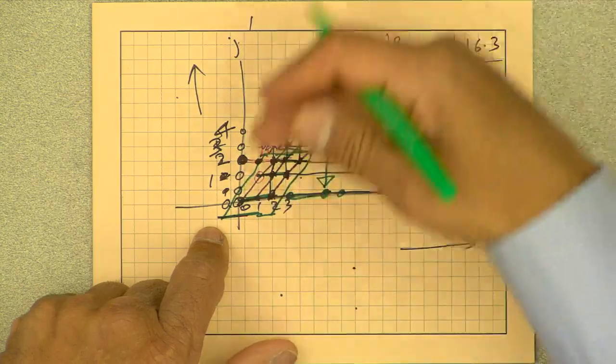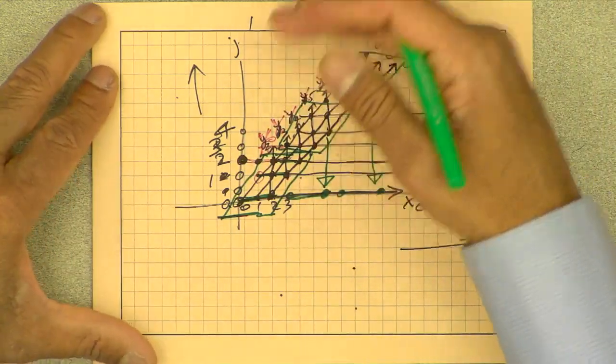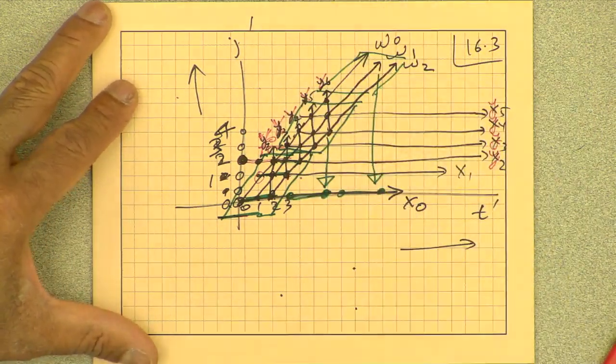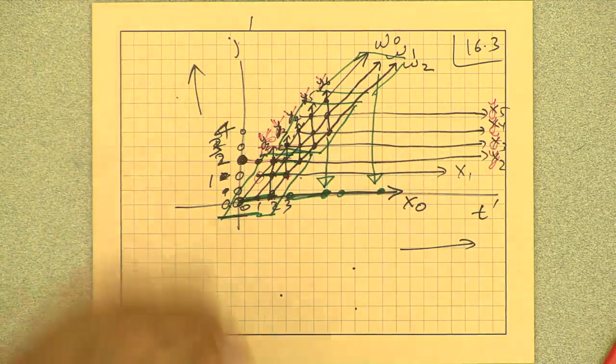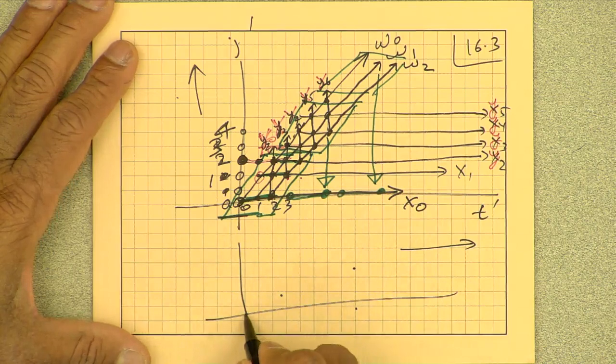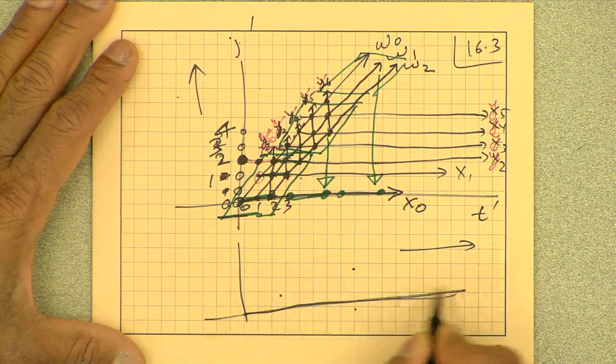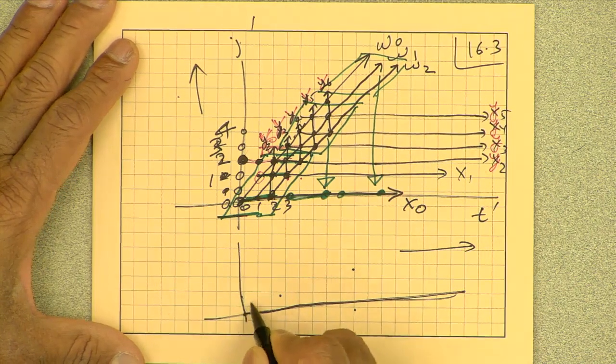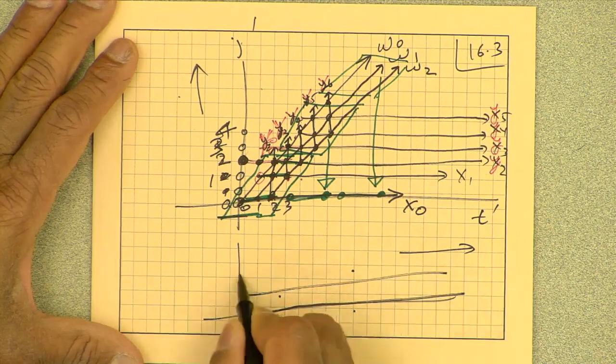So even though it looks infinite, you take a modulo 3 and push them down, and then we will have a simple j prime t prime axis, which will look like this.